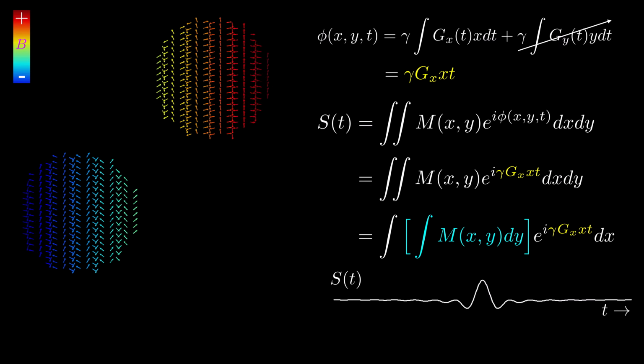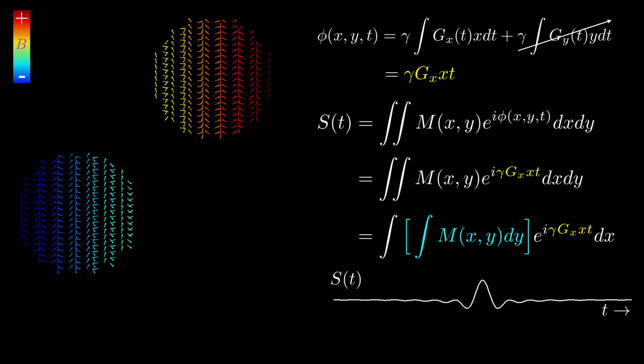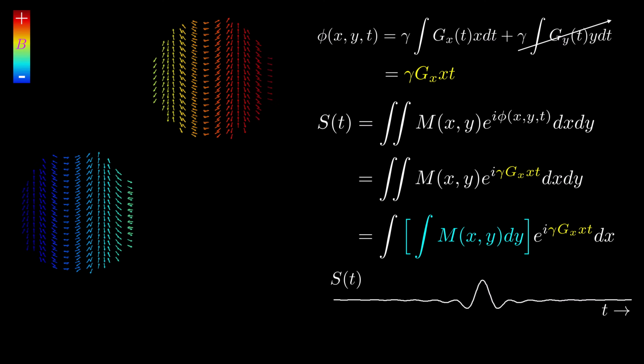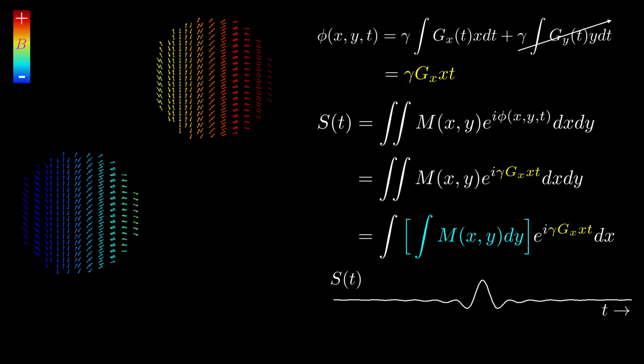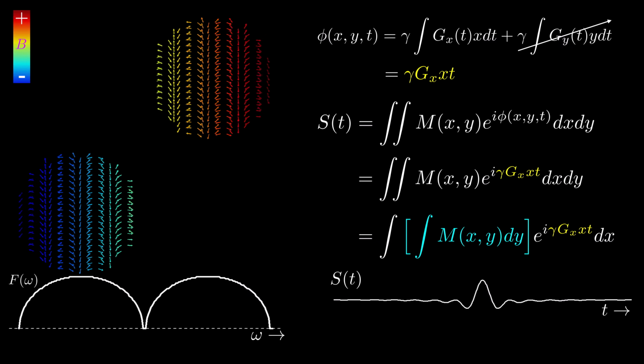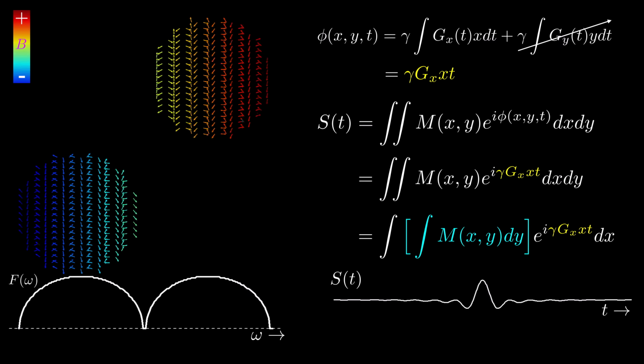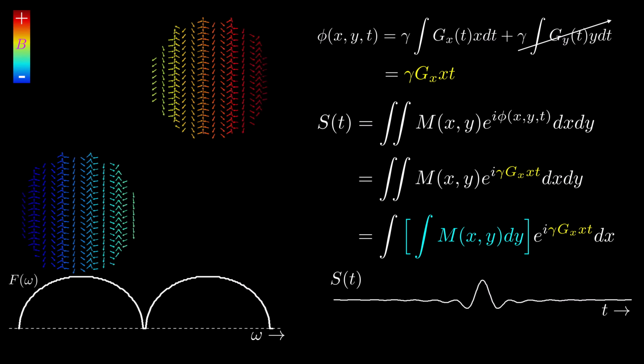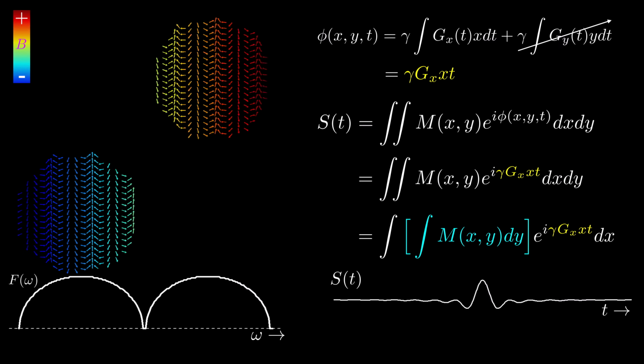In other words, our signal is the inverse Fourier transform of a 1D projection of m sub xy onto the x-axis. So the 1D Fourier transform of S of t will give us back the individual sinusoid amplitudes as a function of frequency, our 1D projection of m in the direction of the applied gradient.